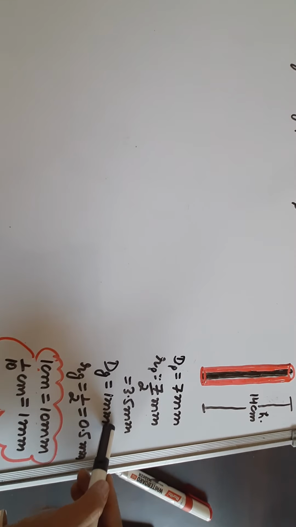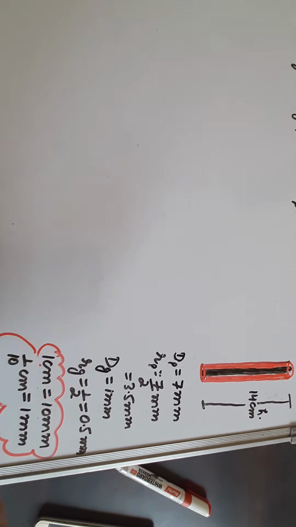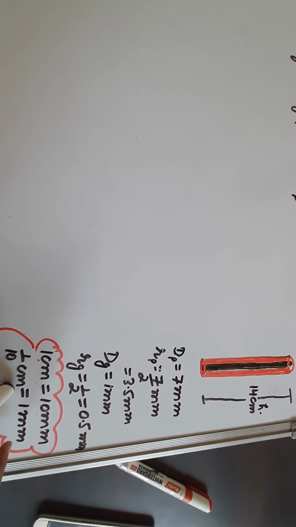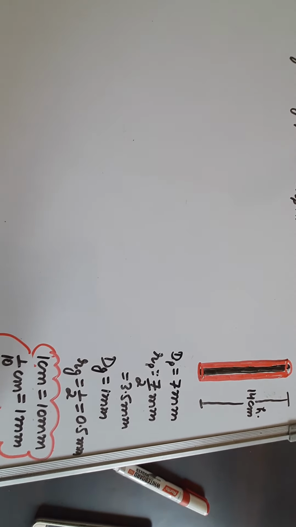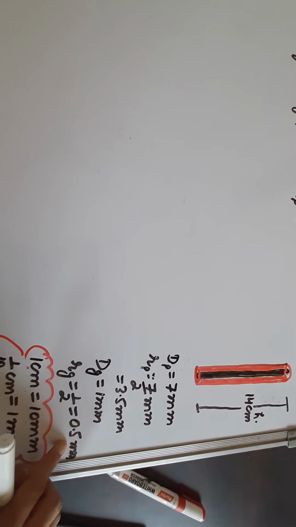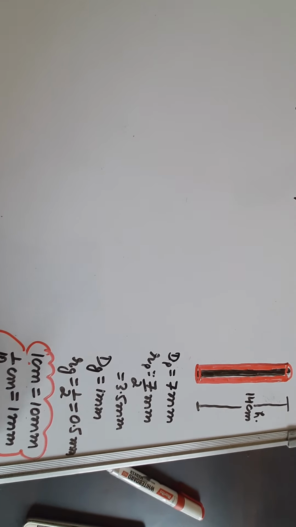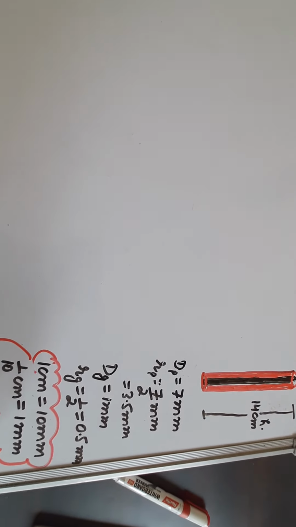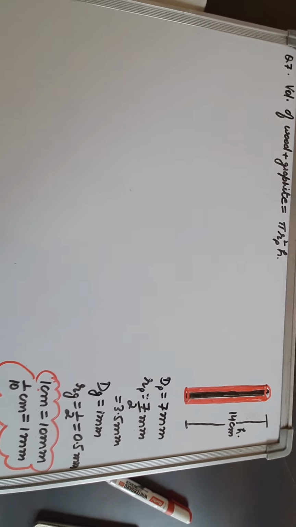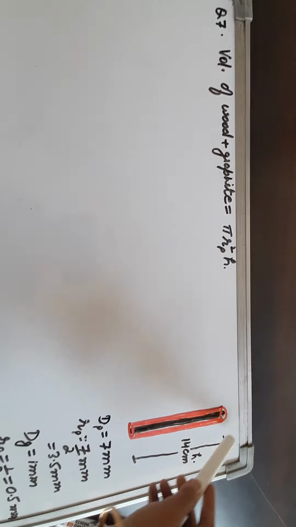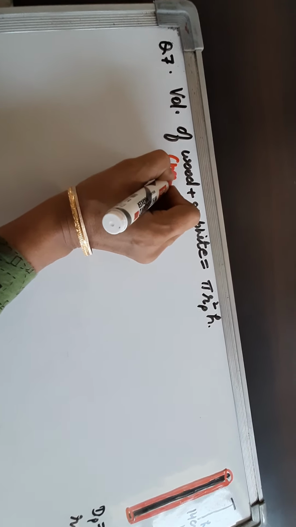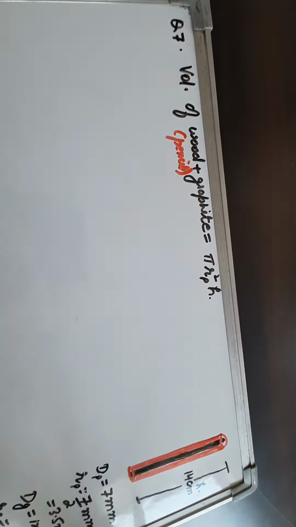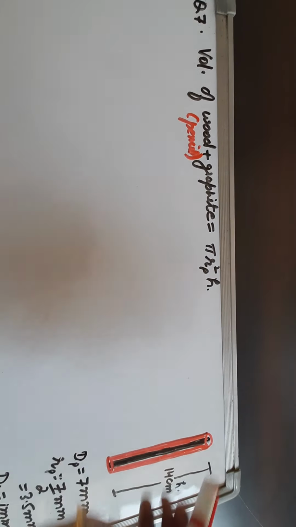So we will convert these millimeters into centimeters by dividing by 10. So let's start. Let us first find the complete volume of the pencil. And pencil means both the volume of wood and graphite.